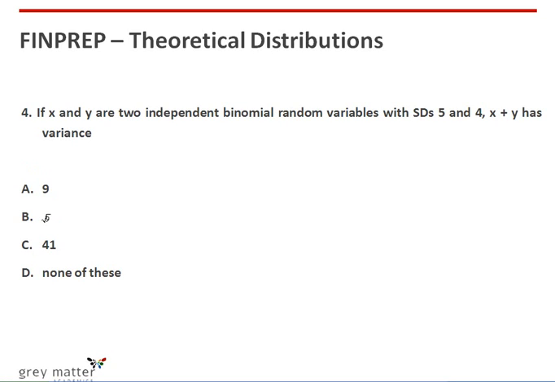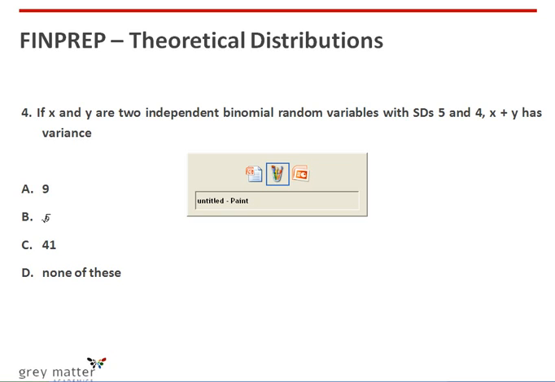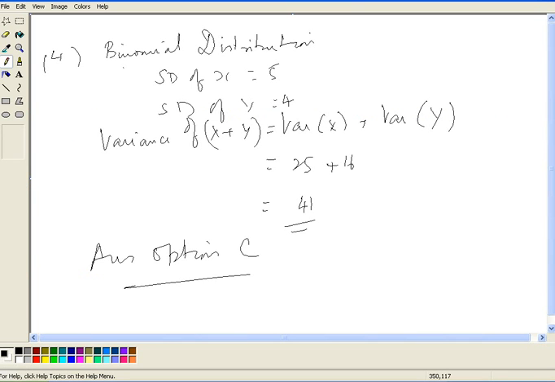Fourth question: if x and y are two independent binomial random variables with standard deviation 5 and 4 respectively, x plus y has variance. Going to our work area, standard deviation of x is given to be 5, standard deviation of y is given to be 4. So variance of x plus y is given by variance of x plus variance of y.